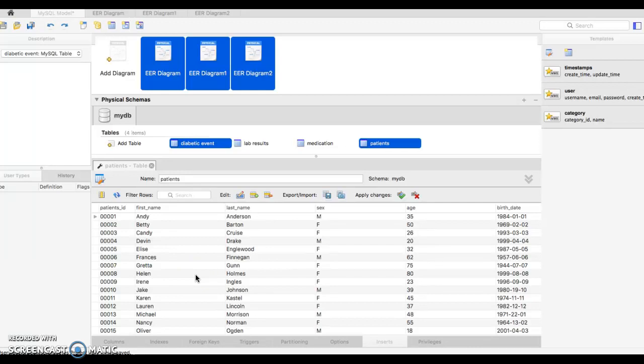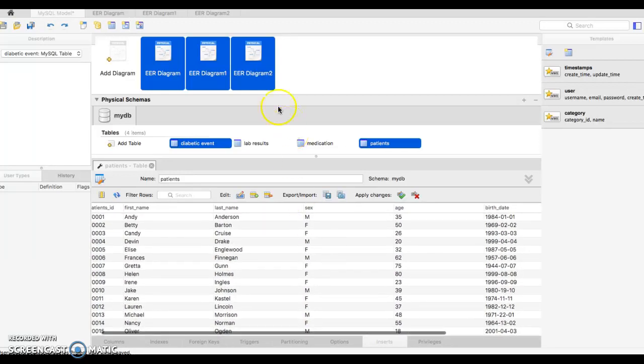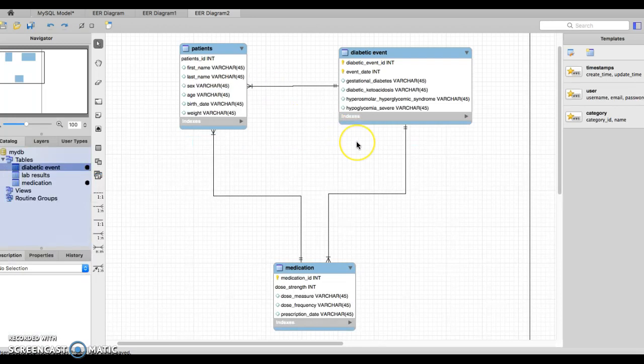In regards to making sure that everything was connected the way that it should be, we will look at this diagram. 2 foreign keys were created in order to connect to the diabetic events, which is here, and the medications, which is here.